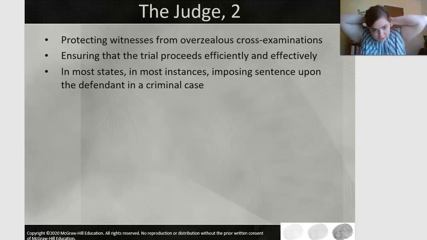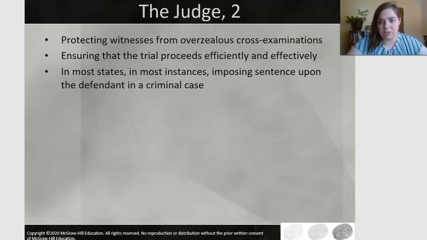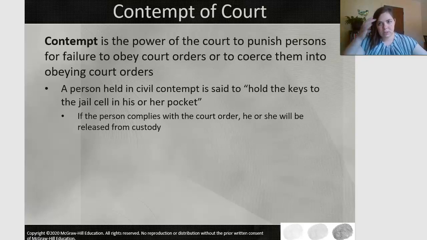In most jurisdictions, at the end, the judge will be the one who imposes the sentence. Judges have the power of contempt. They can hold a person in contempt in jail for failure to comply with or obey a judge's order.